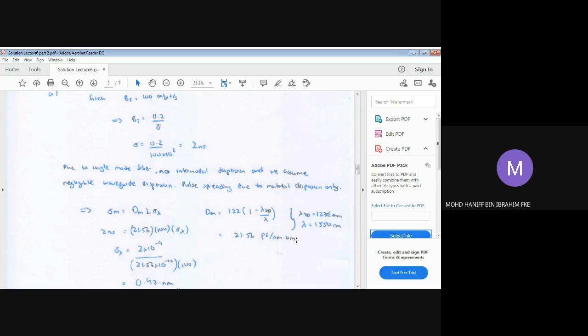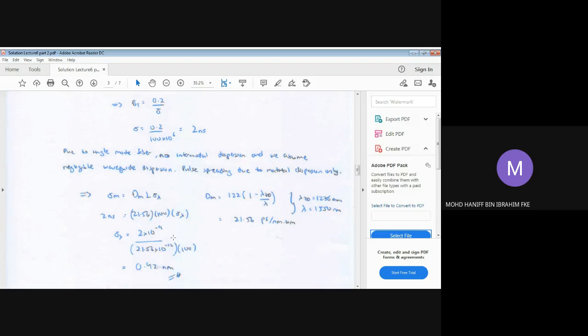From this dm, you can substitute it into this equation to find the sigma lambda, or the spectral line width RMS value, in which the sigma m, the material pulse spreading, is 2 nanoseconds, equals the dm multiplied by the length and multiplied by the sigma lambda.